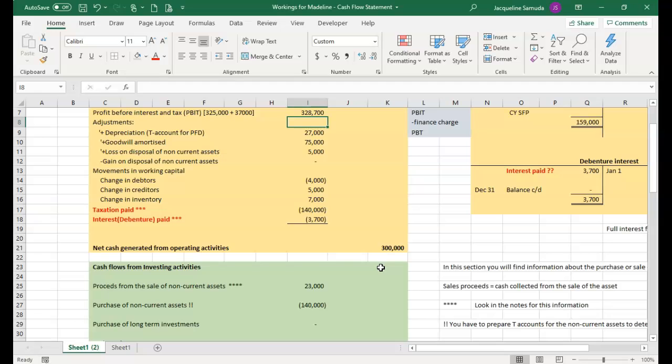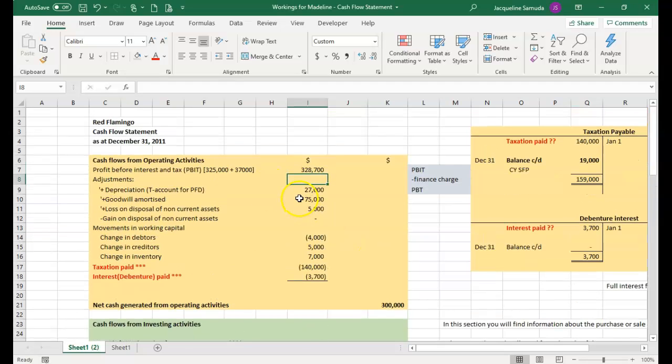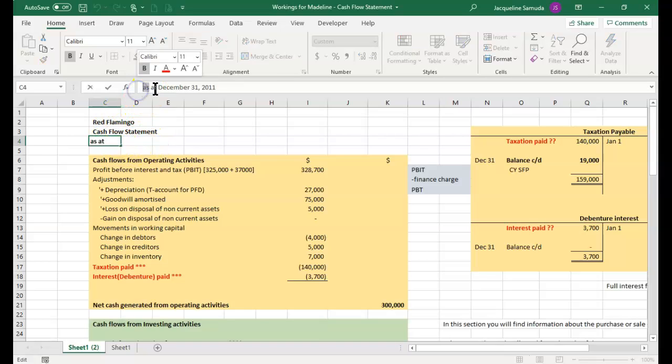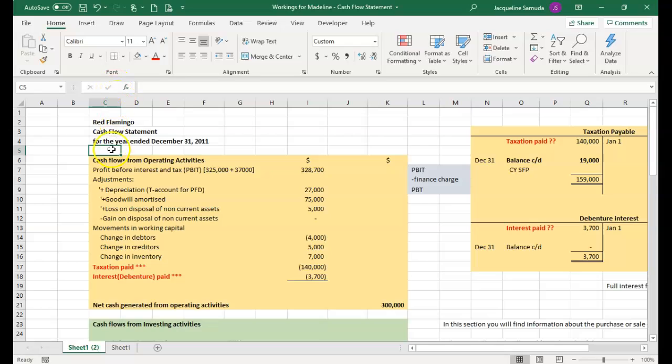So what does this tell me? It tells me that Red Flamingo, for the year ended December 31st, 2011, generated $300,000 for trading, for operations.